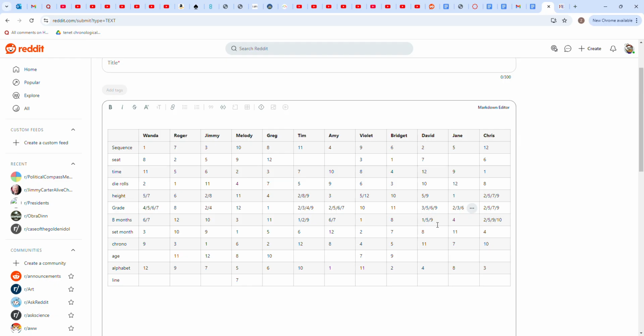To continue, though, we do have now a couple of different columns that have completely filled out sections here, or nearly complete. They have 11 values in their column, which means there's only one missing. For Roger, that's going to be the 4. Roger is actually not first in line, he is fourth in line. Greg is going to end up being, I believe, 9th in line.